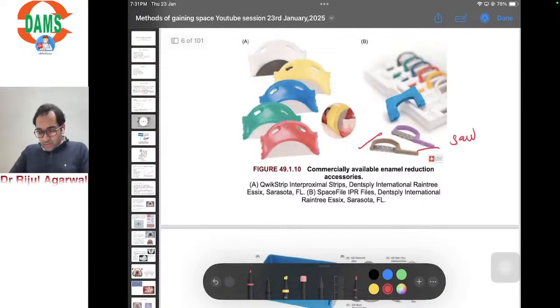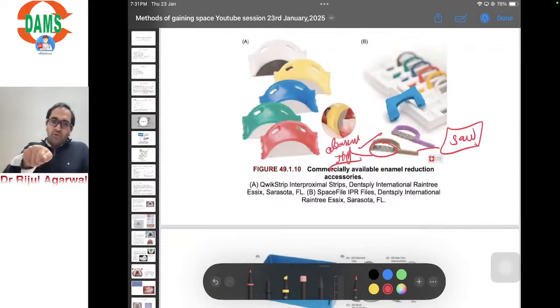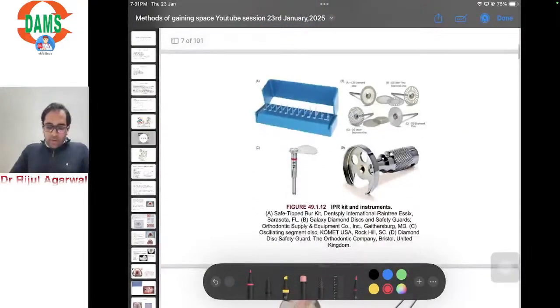This is like a saw on which the abrasive strip is attached, and we move it through the contact point to and fro. These are the carborundum discs and burs to reduce. These are the burs and these are discs, safe sided and both sided, to reduce the enamel.